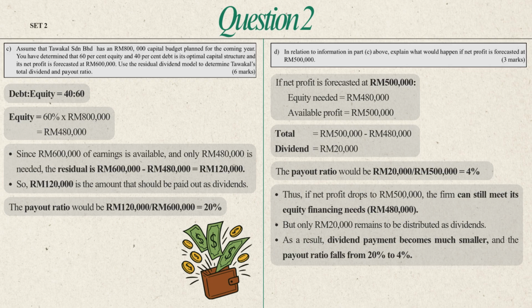The payout ratio would be 20,000 ringgit over 500,000 ringgit, which equals 4%. Thus, if the net profit drops to 500,000 ringgit, the firm can still meet its equity financing needs, which is 480,000 ringgit. But only 20,000 ringgit remains to be distributed as dividends. As a result, dividend payment becomes much smaller and the payout ratio falls from 20% to 4%.